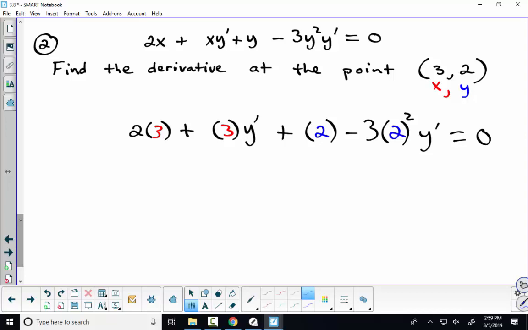So now when we plug in our points immediately before solving for y prime, then we just have numbers and y primes. We don't have y primes, x's, and y's. So I don't know, it might make things a little bit easier.